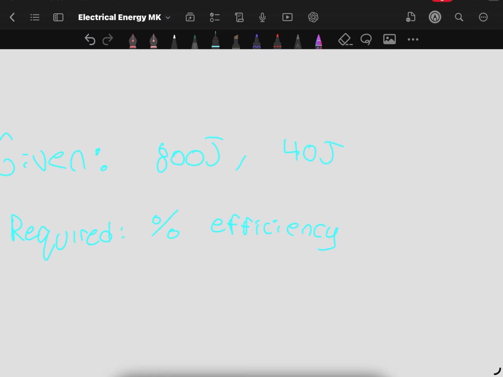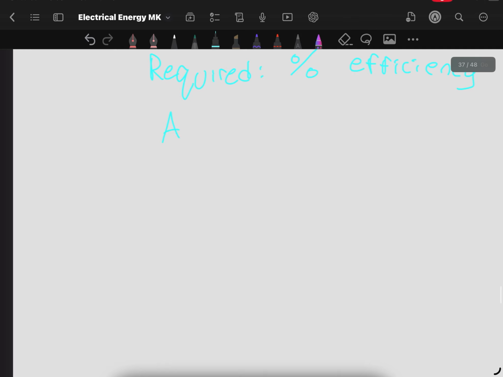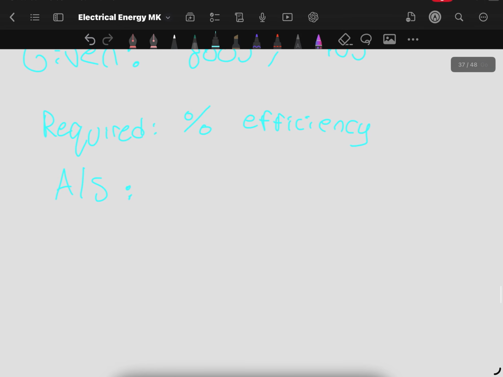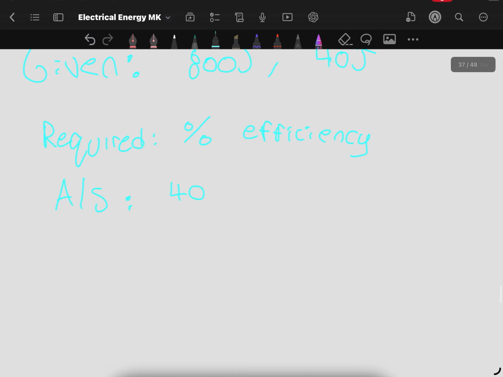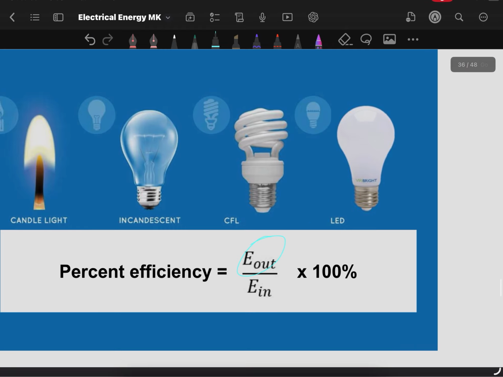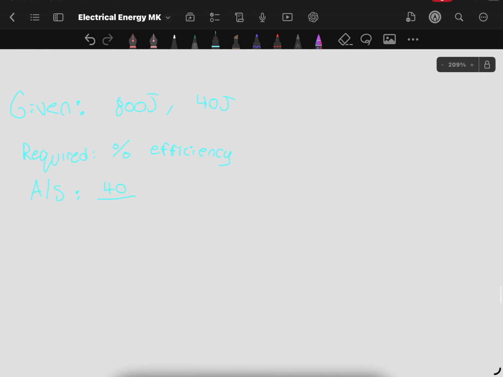So in this case, we now need to do our analysis and solution. I'm just going to write A and S here for a shorter format. But basically, we can just do this. We know that 40 is the output, as you saw here in the formula, and E input is 800. So 40 over 800 times 100%. Now let's first solve this.